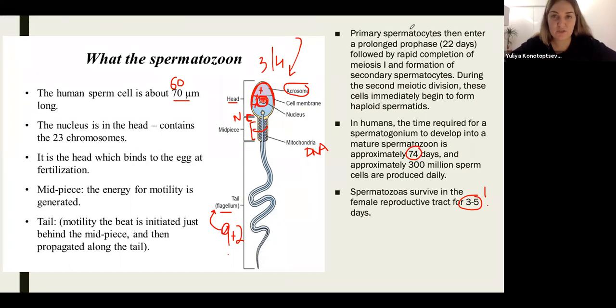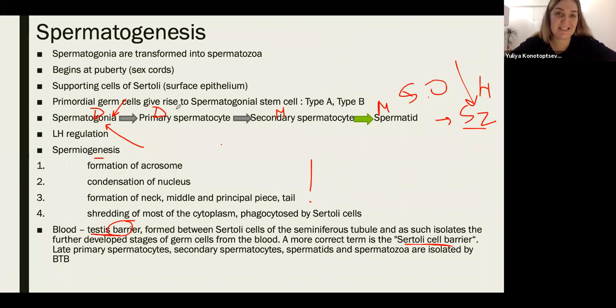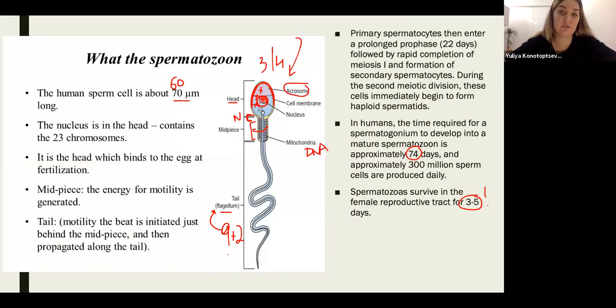And the process of converting diploid primary spermatocyte into haploid secondary is the longest. It takes approximately 22 days. Your primary spermatocyte is present in the prophase to become secondary spermatocyte for approximately 22 days.